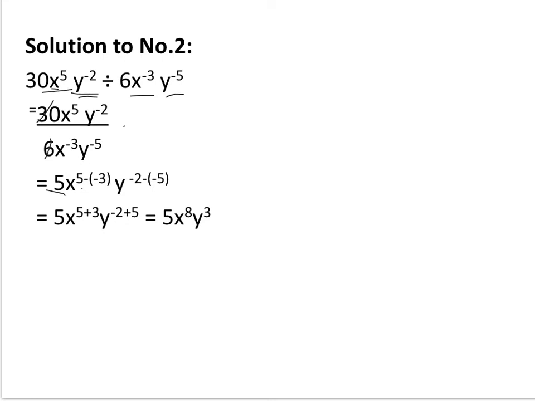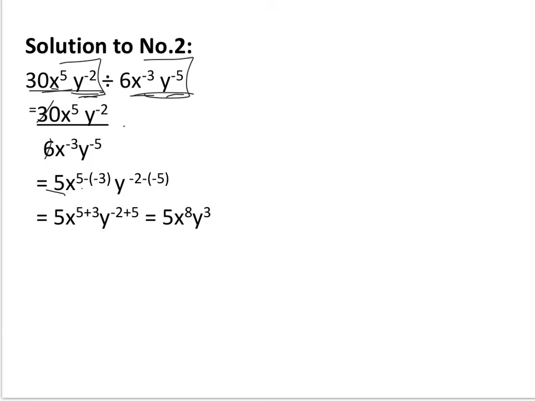Since this one, 30x raised to power 5, y raised to power minus 2, is to be divided by 6x raised to power minus 3, y raised to power minus 5, you subtract the powers of this x and y from this one. So it's minus 3.